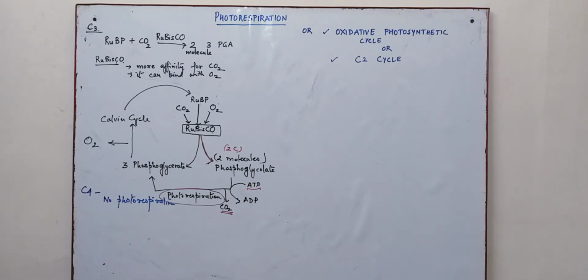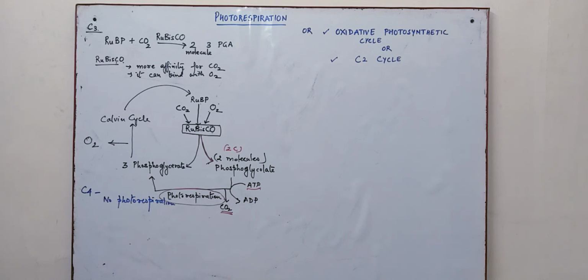Why? Because the carbon dioxide is taken up by the PEP in the mesophyll cells, it is broken down and passed on to the bundle sheath cell. So as a result, the Rubisco enzyme functions as a carboxylase, and in the case of C4 plants, it does not act as an oxygenase.